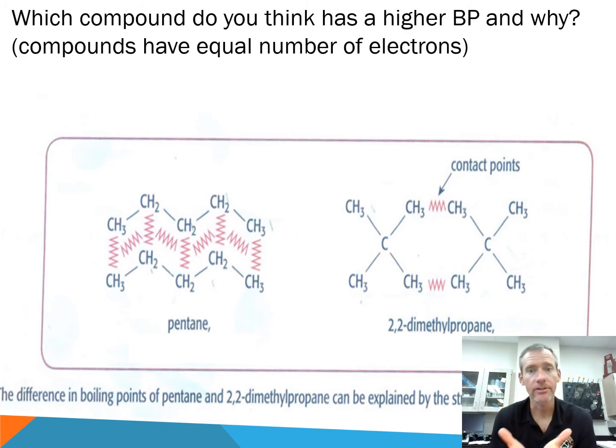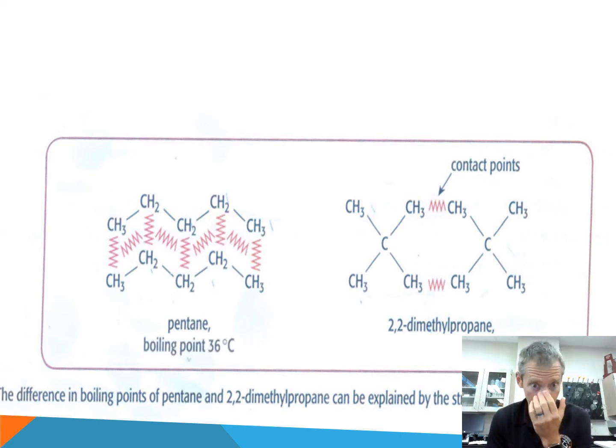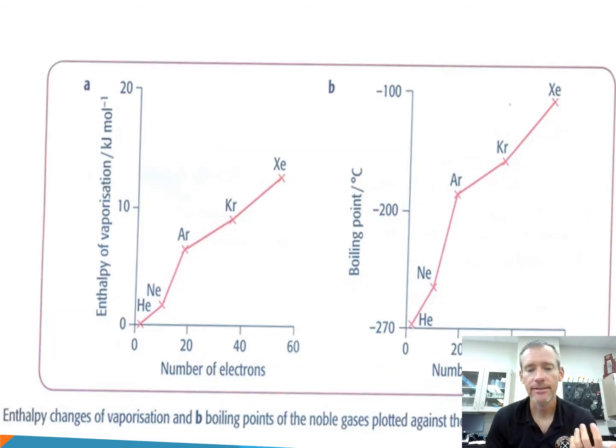Which compound do you think has a higher boiling point and why? They have the same number of electrons, but pentane has a boiling point of 36, where the other one has a 10-degree boiling point. The reason is that it has more contact points. So more contact means higher VDW forces.